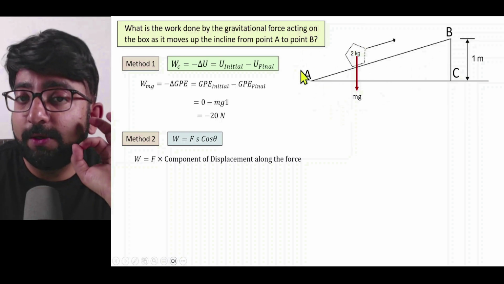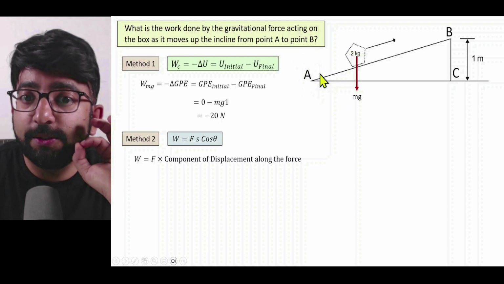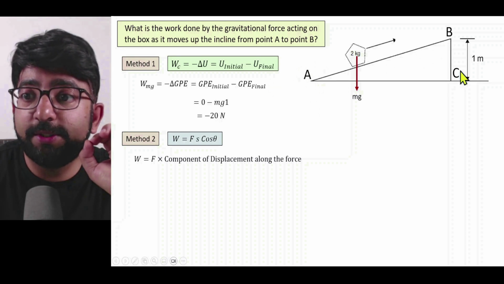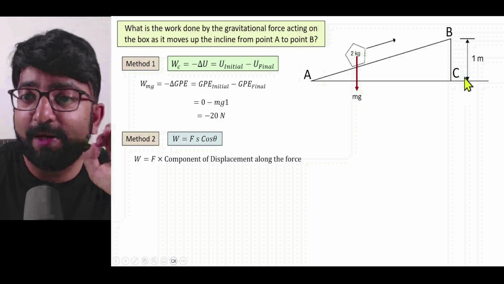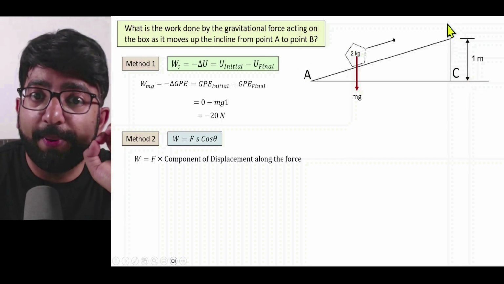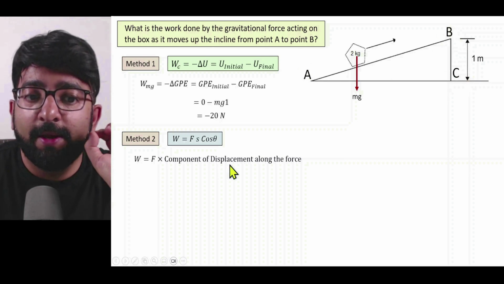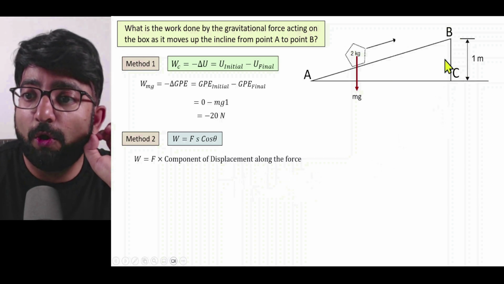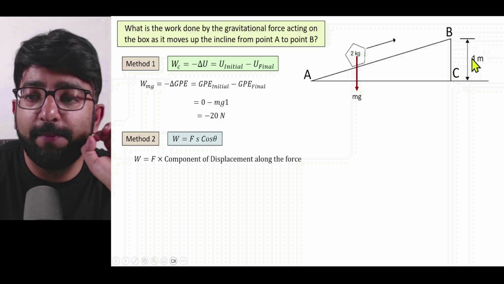Now, if we understand the total displacement, the object is going from A to B in a straight line, but in component terms, we can say that the object is going from A to C along the x-axis, and then the box goes from C to B along the y-axis. Since we have to find the component of displacement along the force, that component is BC, which is 1 meter.